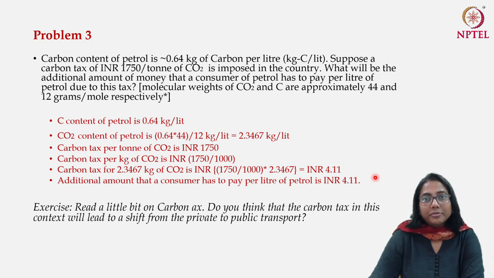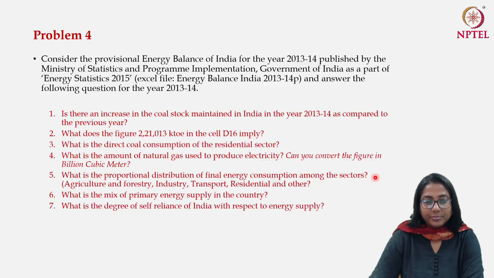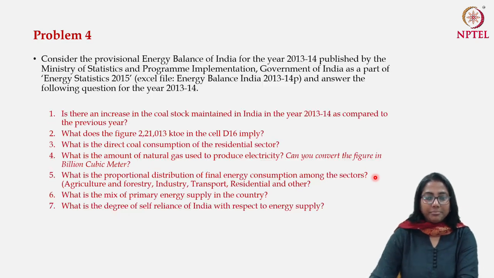The next problem that we are going to deal with is mainly related to the energy balance table that we discussed in the previous lecture. This is the fourth problem. It has 7 questions, and we'll try to answer them one by one.